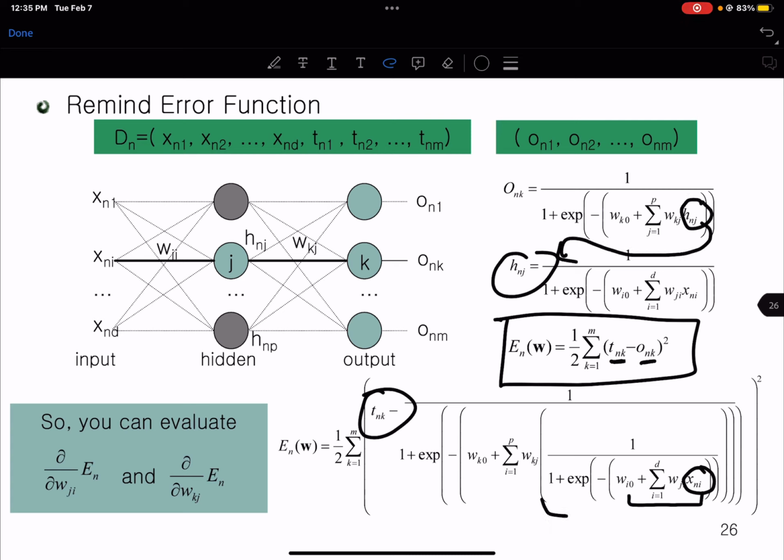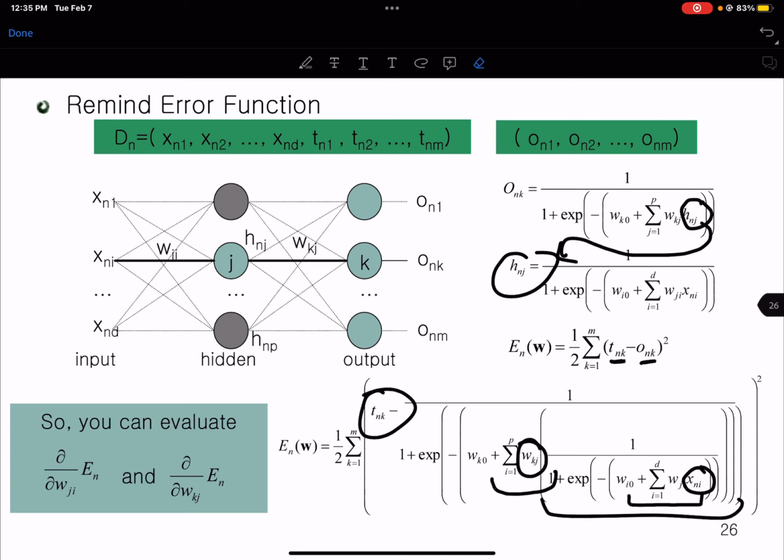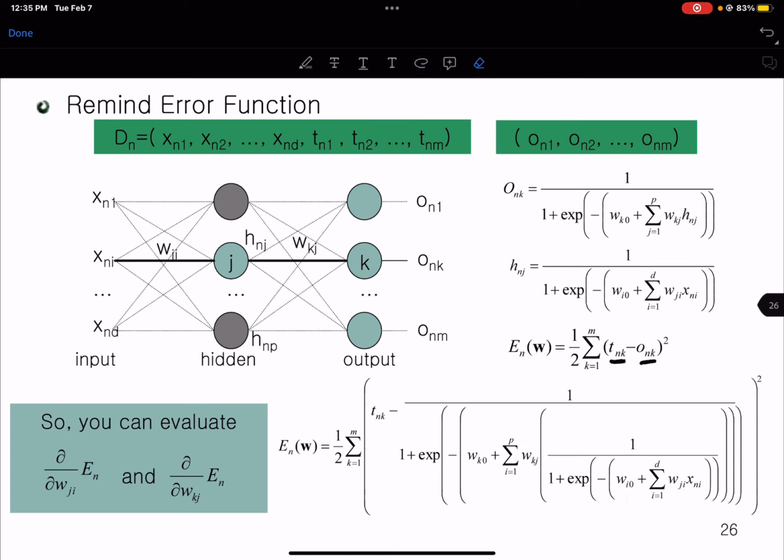So this is H of n j multiplied by w k j, w k j multiplied by the value that is coming into your H of n j, that is from the first layer x n i. So we repeat this: o n k is taking values at node k at the output, which is receiving values from your node j, the hidden layer, which is again taking values from the input layer x 1 to x d.